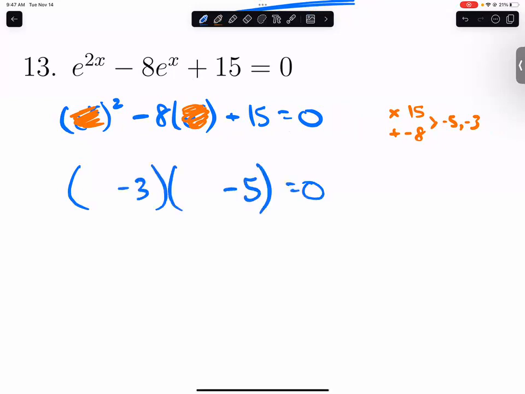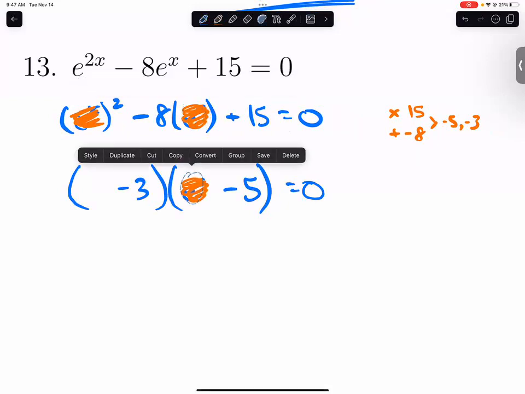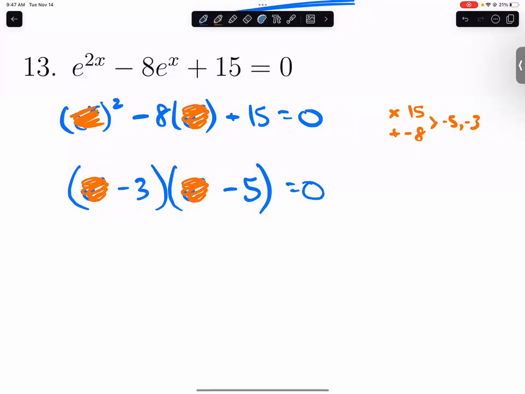-3 and -5. Only difference is that it's quadratic in this thing, but now I've got it broken up. It's in terms of e to the x. But the factoring part is the thing that lets us proceed, right? That's how we get into the problem. We use the quadratic structure form of the thing.